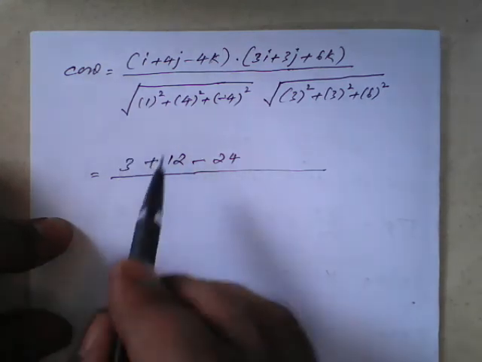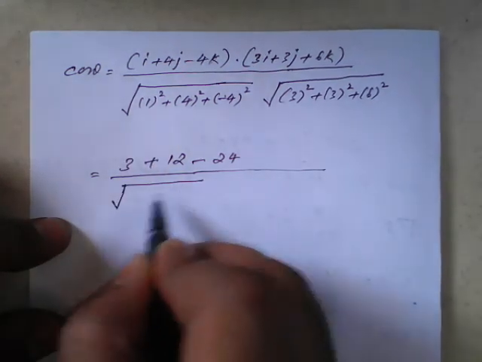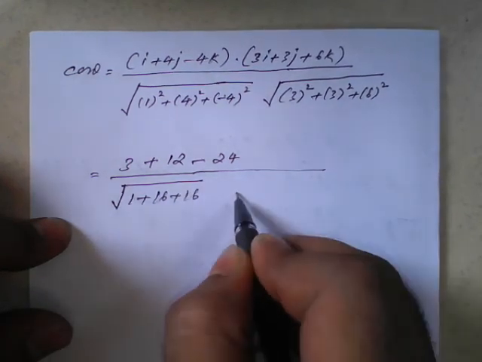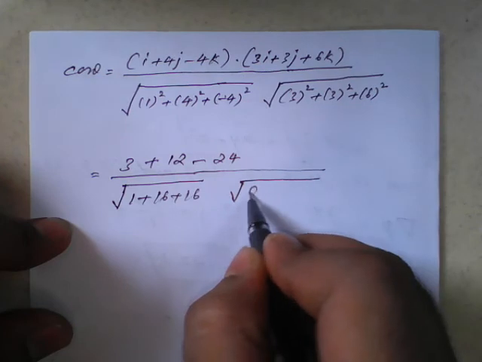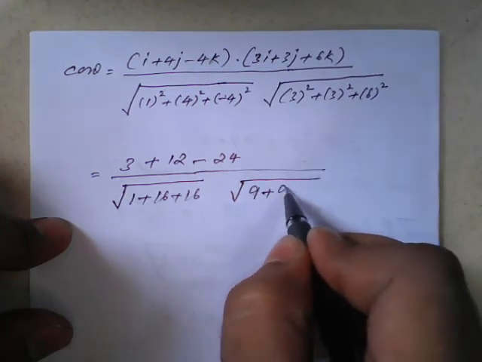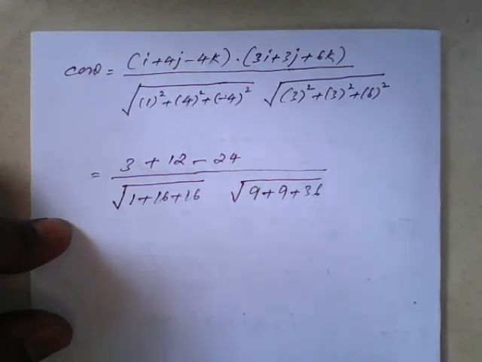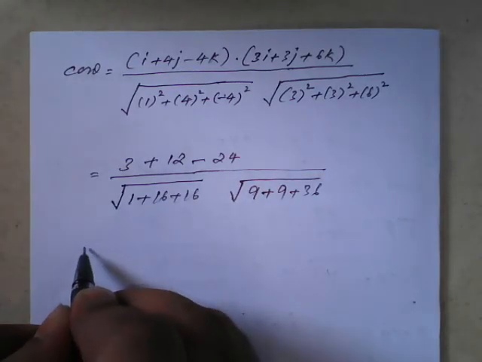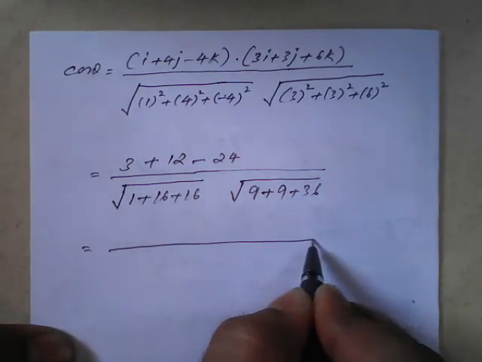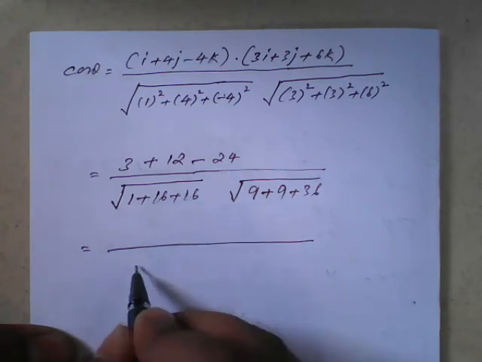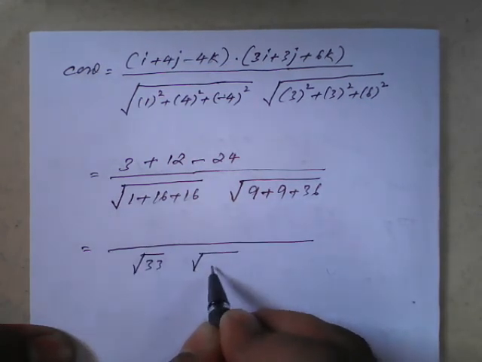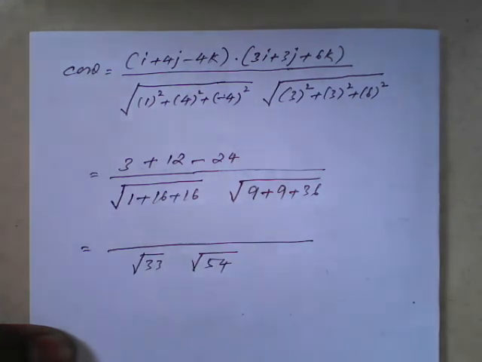So this will be over the square root of 1 square is 1, 4 square is 16, minus 4 square is 16, and square root of 3 square is 9 plus 9 plus 36. So the result simplification is root of 33 and root of 54.